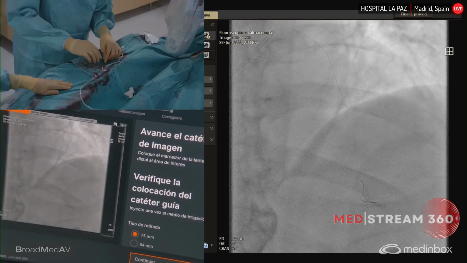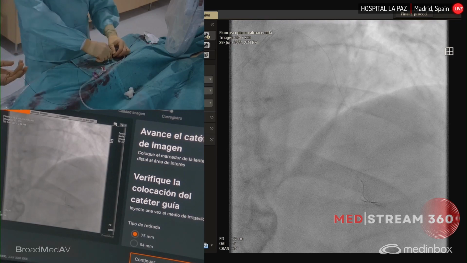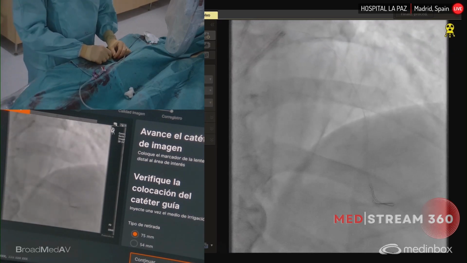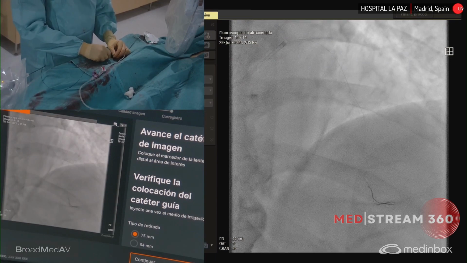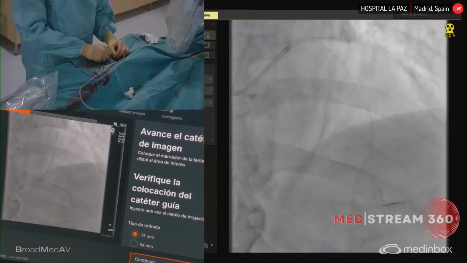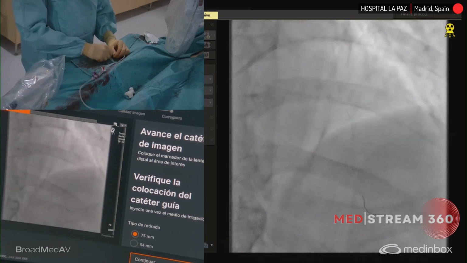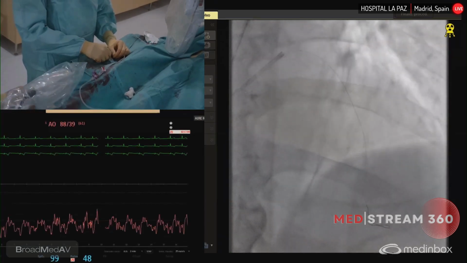Santiago is saying that we are doing the long pullback now, just to check not only the stent but also the proximal part of the vessel that is diseased. And this is a really combined intervention, because the proximal part is functionally not significant, but we have the possibility to interrogate it as well with the OCT.